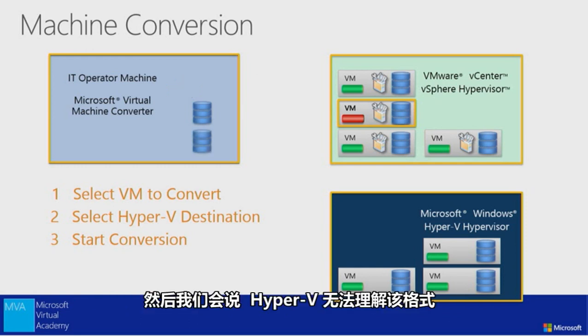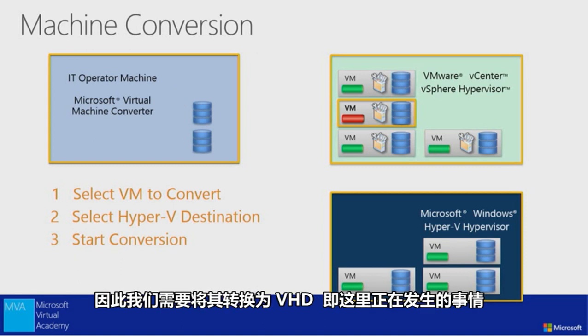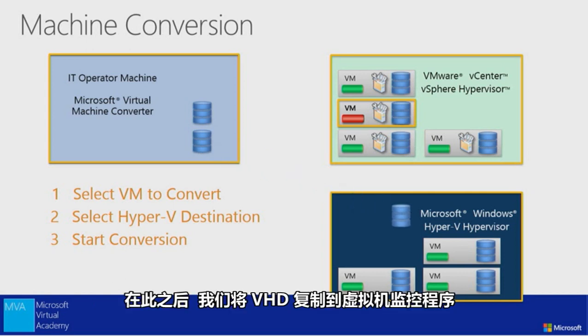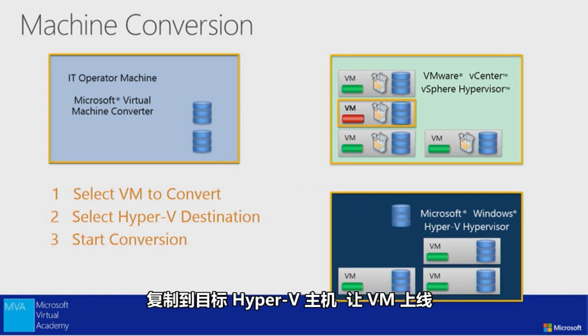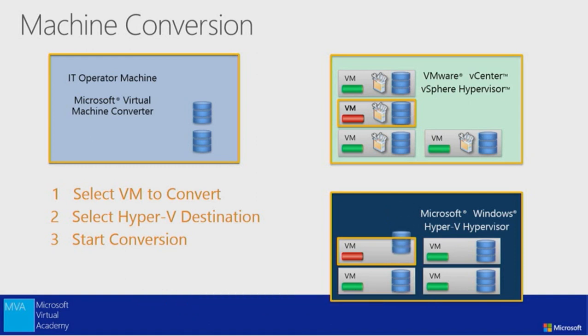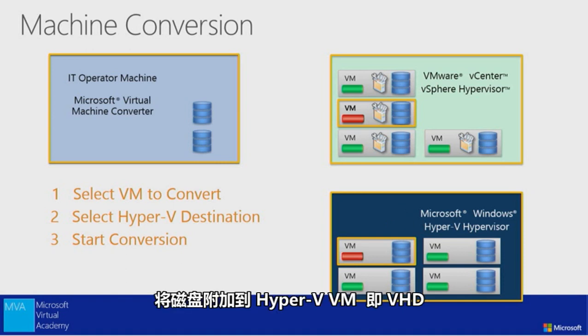Then we said, Hyper-V can't understand this format, so we need to convert it to VHD, which is what's happening here. After that, we copy the VHD to the destination Hyper-V host. Then we create a VM on Hyper-V with the same configuration as the source, and attach the disks, the VHDs, to the Hyper-V VM.